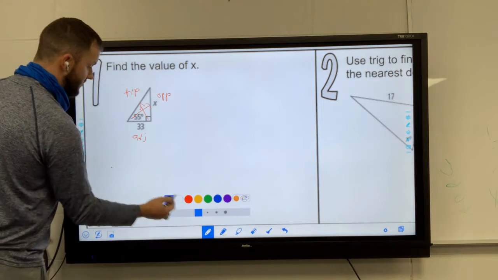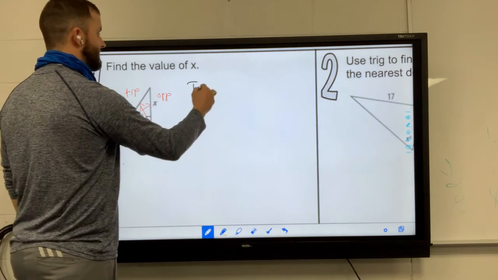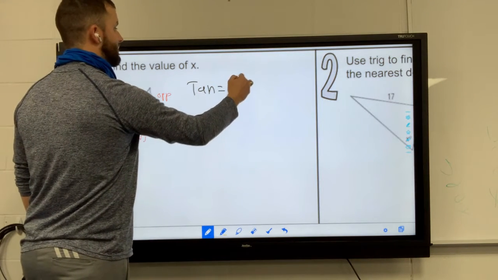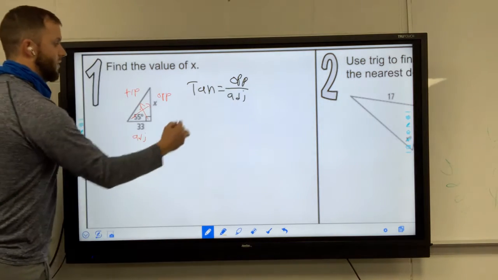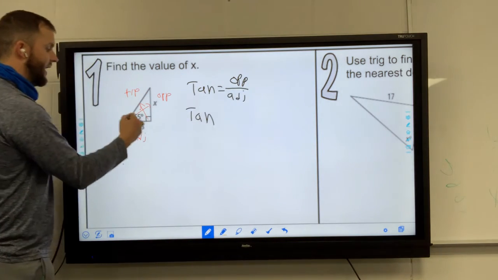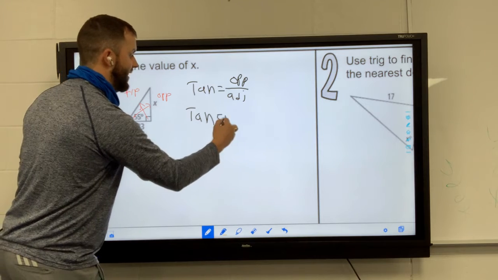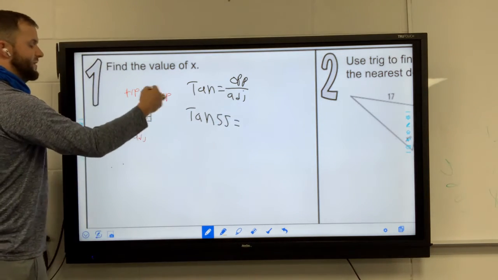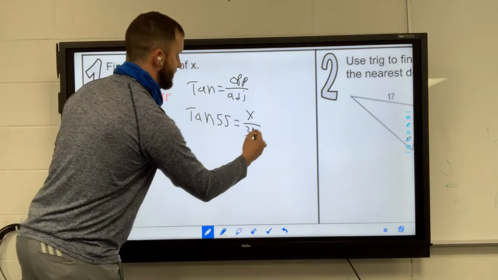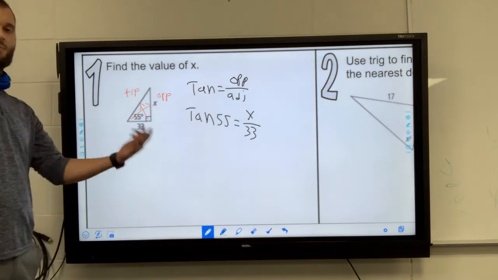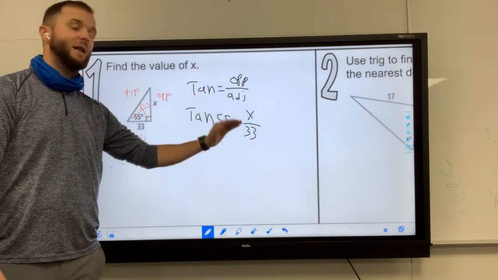Now we're going to actually do the math. I'm going to do the tangent ratio, which is opposite over adjacent. So I do the tangent of the angle I'm referencing, which is 55, and I take my opposite side, which is x, and put it over the adjacent side, which is 33. Mathematically, I am doing x divided by 33.